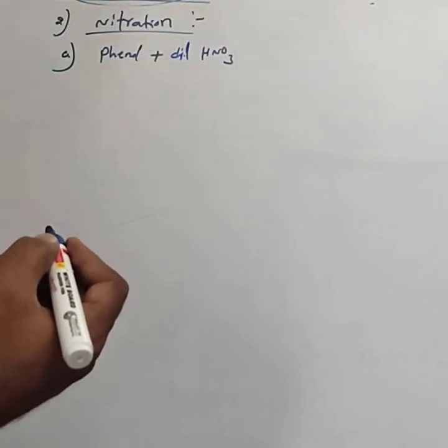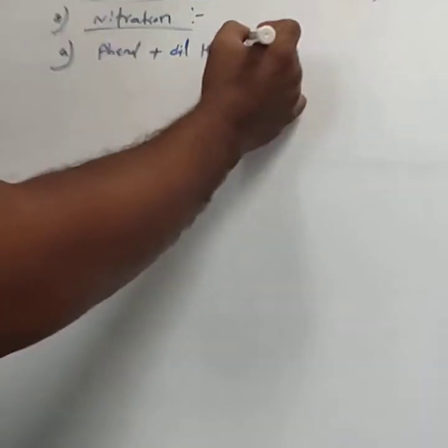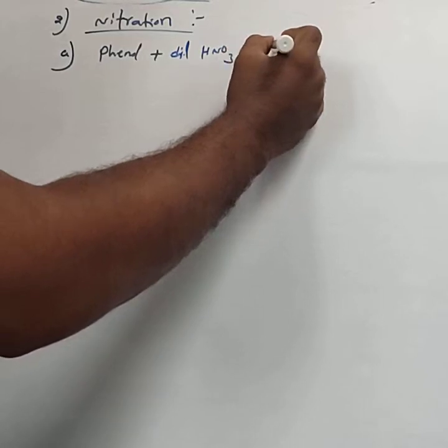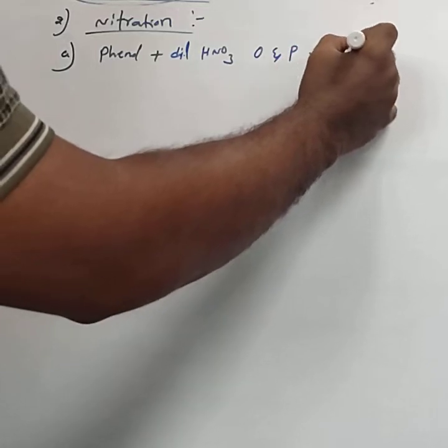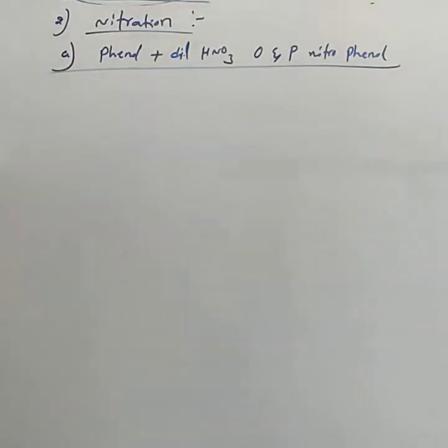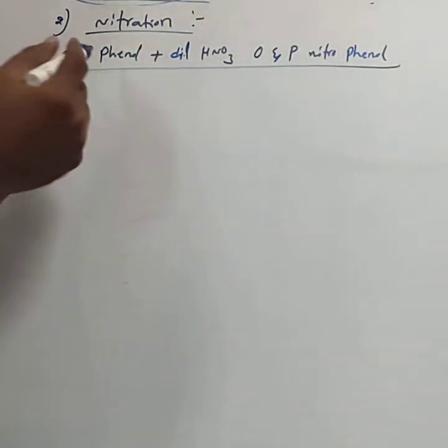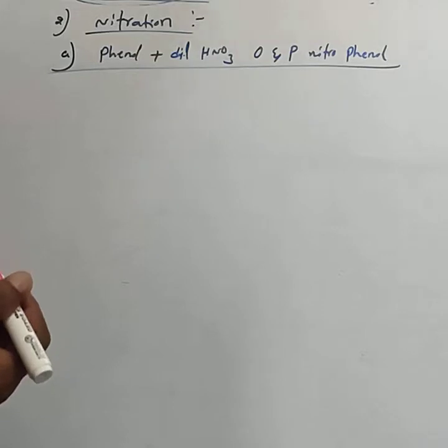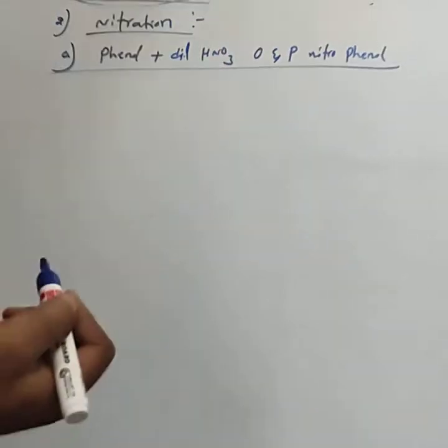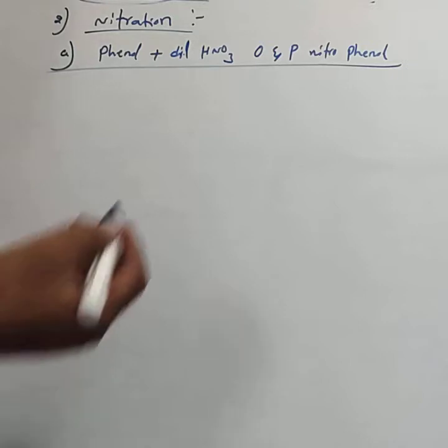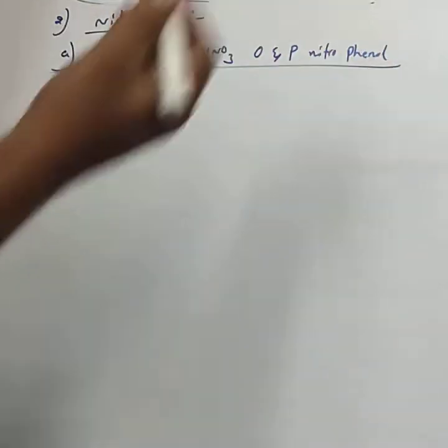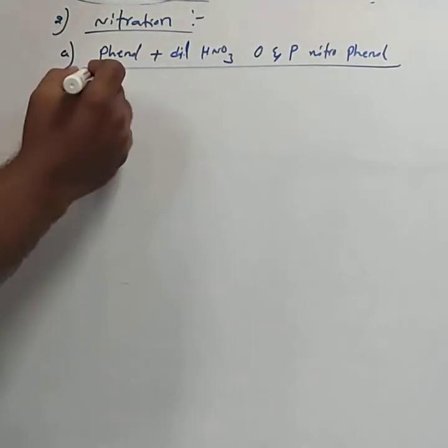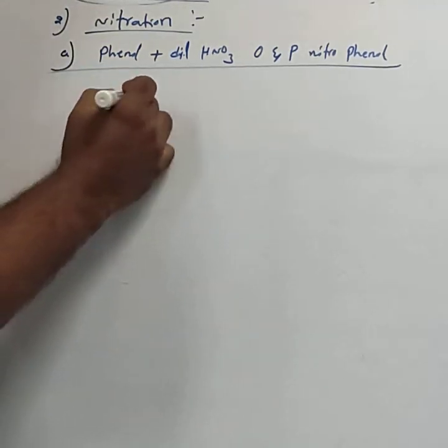When phenol is treated with dilute nitric acid, the product is ortho and para nitrophenol. You have to write the reaction. Phenol.